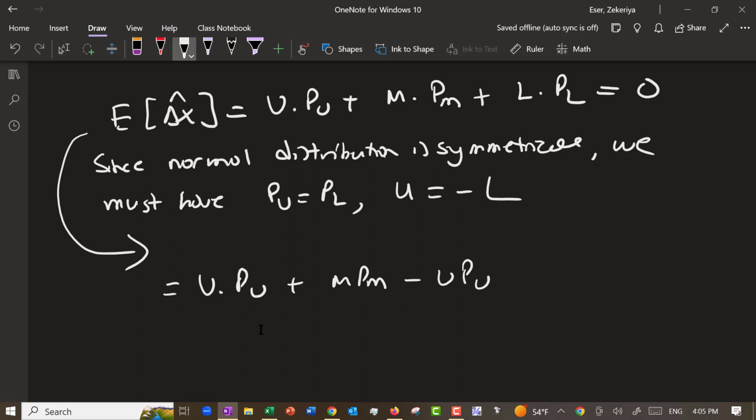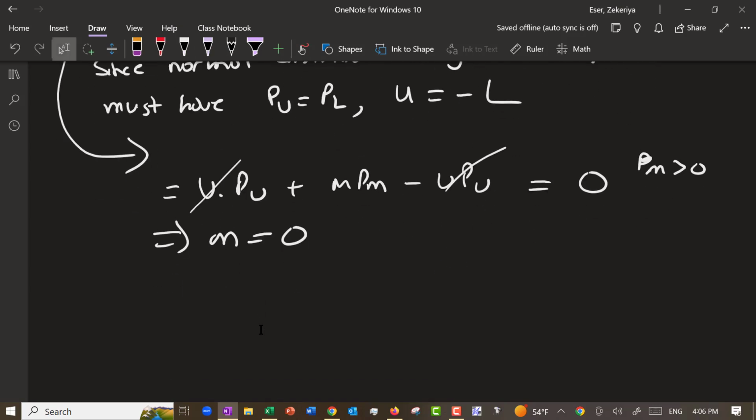Remember, PU has to be PL, right? And L has to be negative U. Well, PM is positive, hence M must be 0. So the middle move for the X is staying constant. So we figured that out, okay? So M is 0.